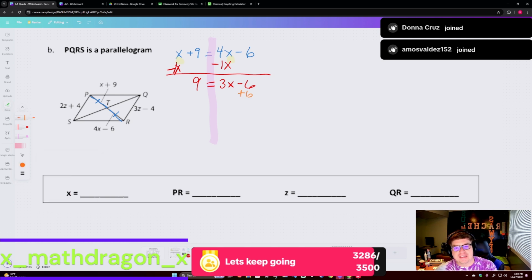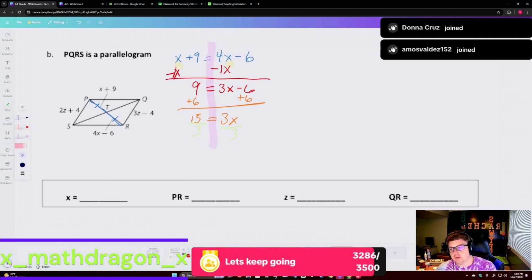Then I'm going to add 6 to both sides, so I can get 3x by itself. That's 15. And lastly, get rid of the 3 in front of the x. I'm going to divide both sides by 3, and x is going to equal 5.